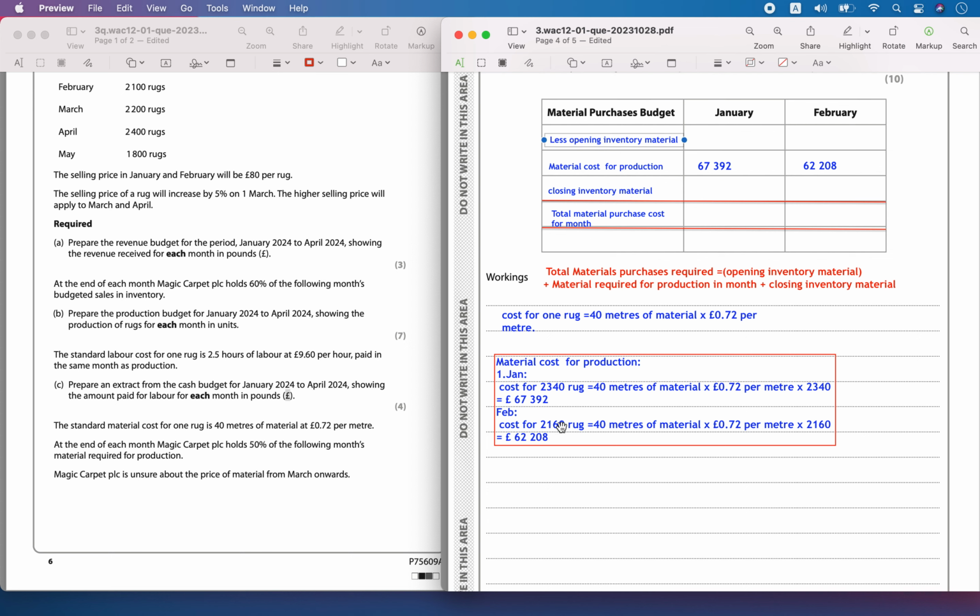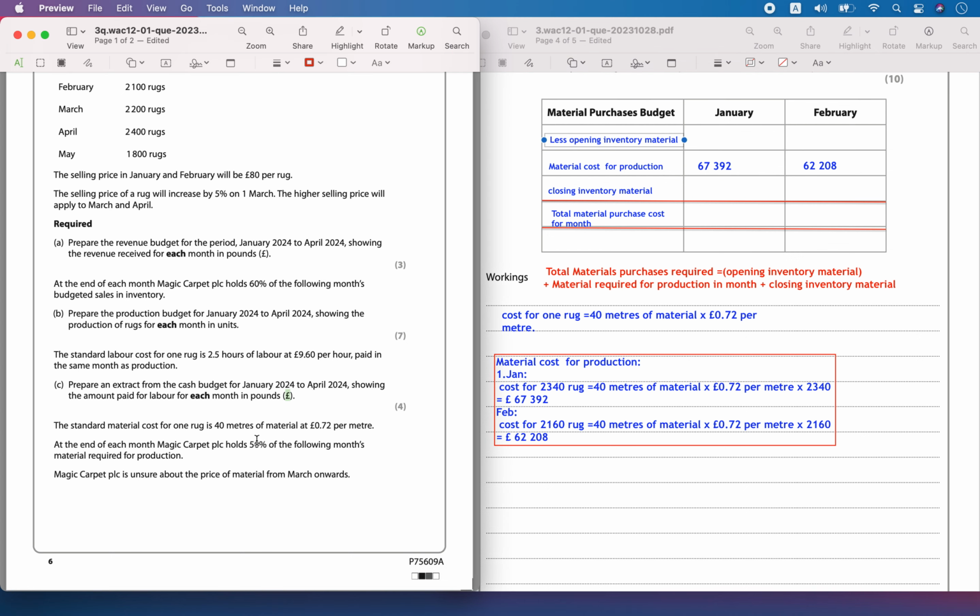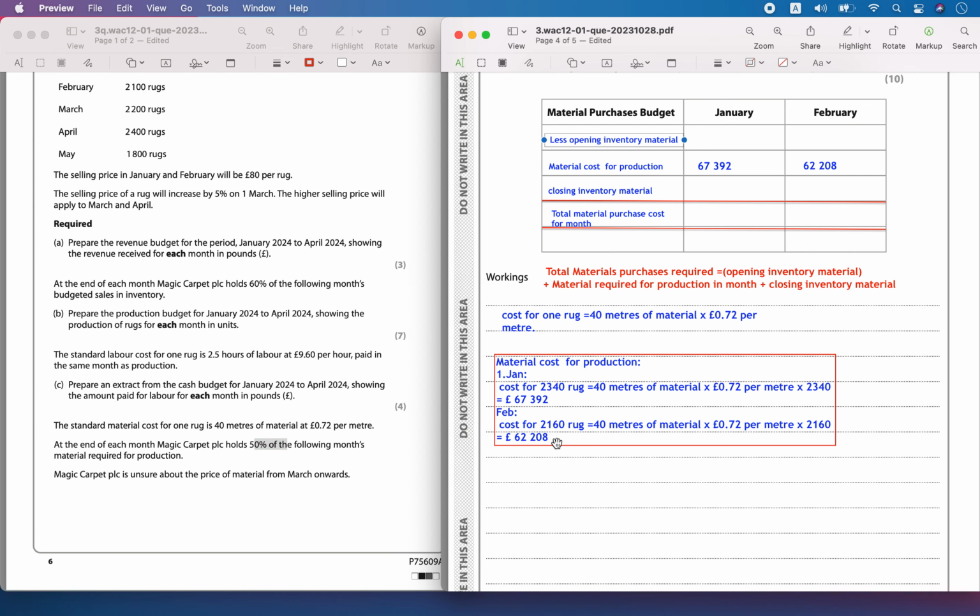Opening inventory of the following month, they have given. So they are going to hold at least 50%, which means the opening inventory cost for the month of Jan is going to be 40 times 0.72, but they are going to hold 50% of 2340.